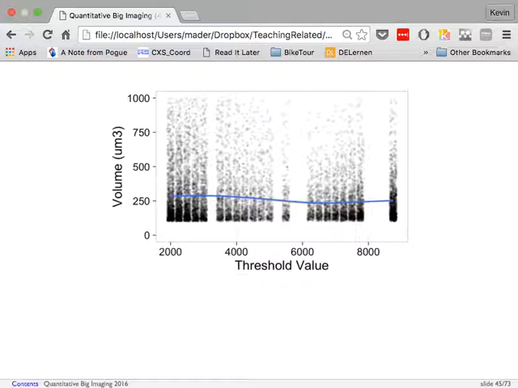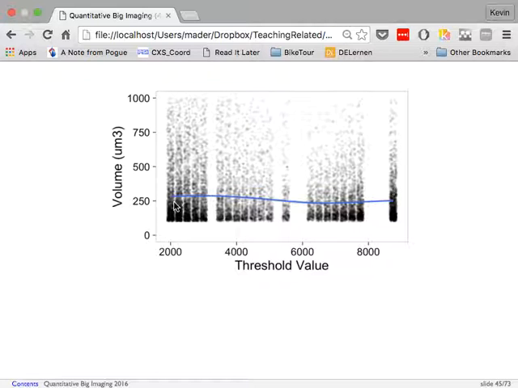You can take, for example, different threshold values on your system and look at the average volume at the output. Here you see the volume distribution change, and the curve fluctuate a little bit. But the 250 average volume that you get out isn't affected that much by the range of thresholds that are reasonable.